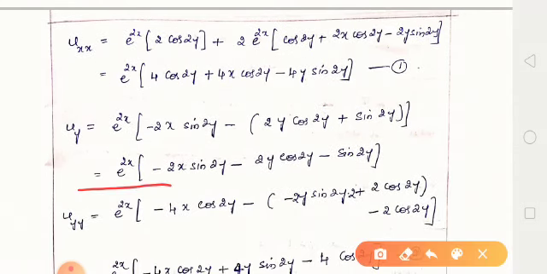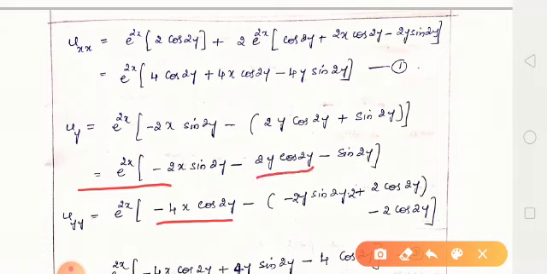We want u yy, so differentiate this expression partially with respect to y again. Keep e power 2x constant. Derivative of minus 2x into sin 2y with respect to y is minus 2x into cos 2y into 2. So, minus 4x into cos 2y. Minus 2y into cos 2y we have here.